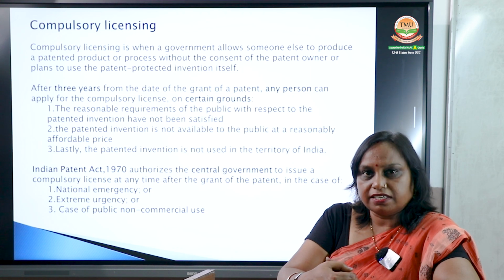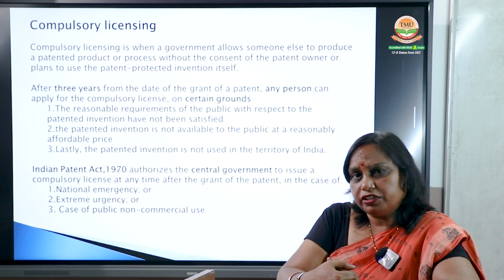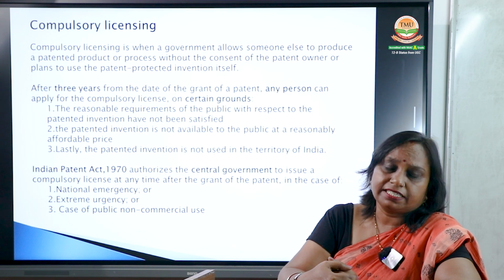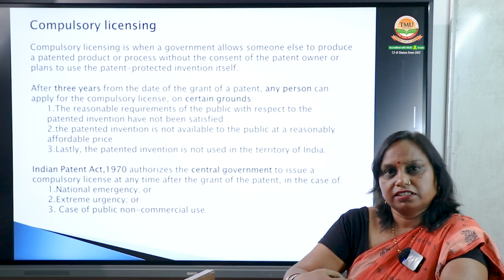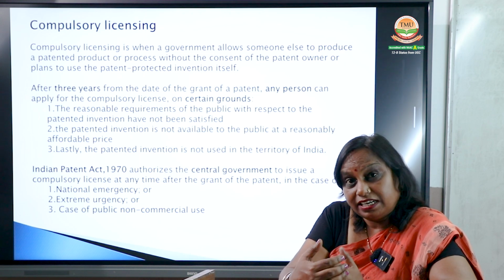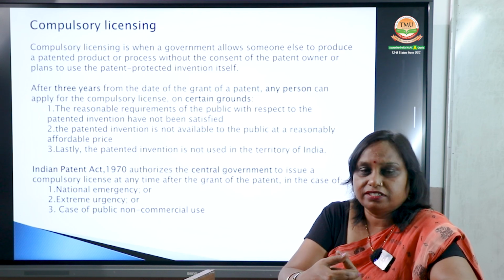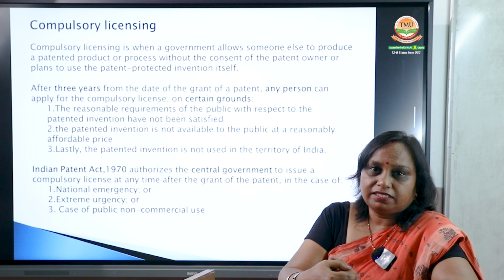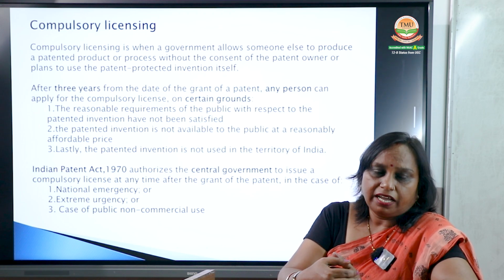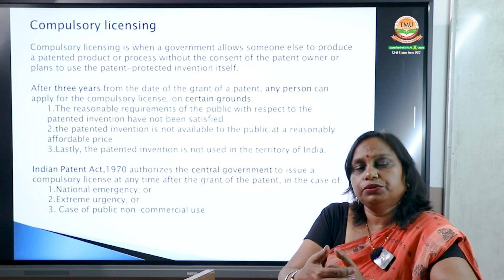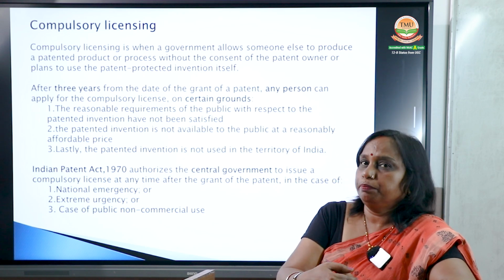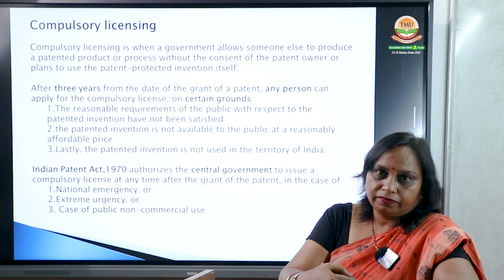What are those circumstances? Another important thing is, usually the general rule is that a patent is granted for a period of 20 years. But there may be certain exceptional cases, certain emergencies, certain situations where the patent holder has to allow others to use that patented work before the completion of 20 years.